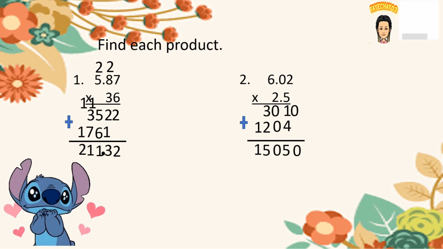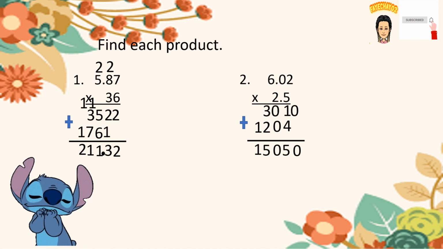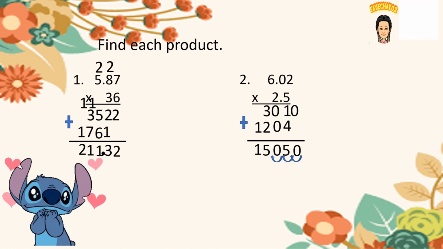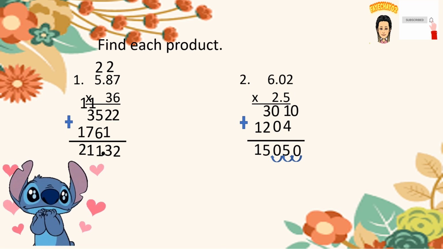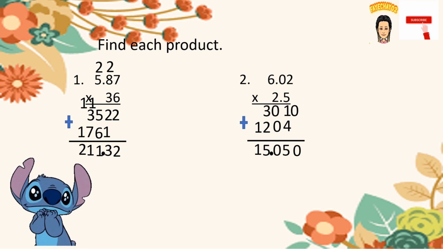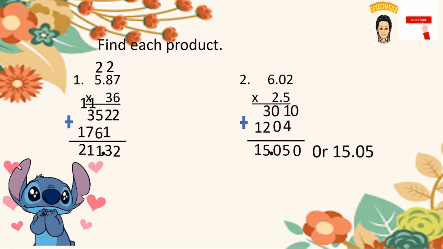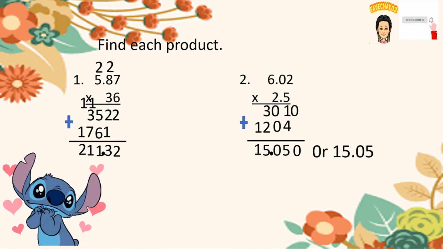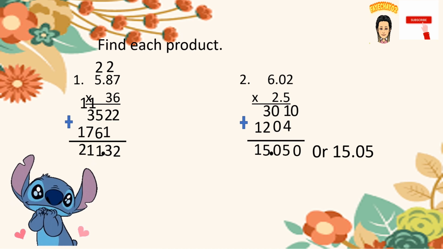So we will move 3 digits from the right. So 1, 2, 3. So we will put the decimal point between 5 and 0. So the answer is 15.050, or 15.05.